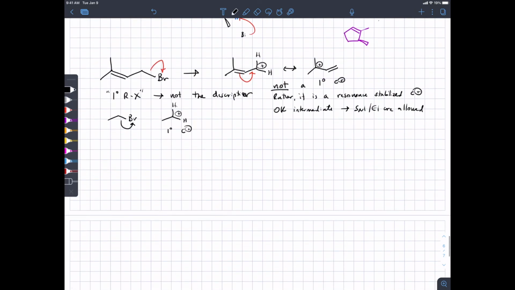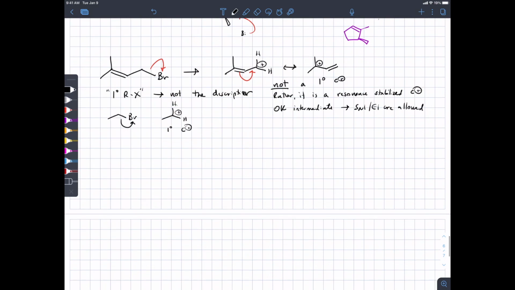Resonance has other consequences. So it might be, well, put it in this particular example, why not? So if we were to have this alkyl halide react with something that is a poor nucleophile and a poor base, what would the products be?